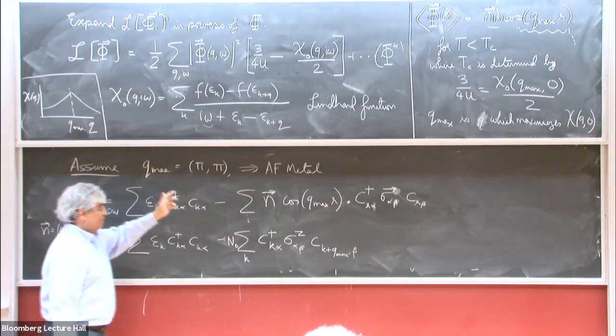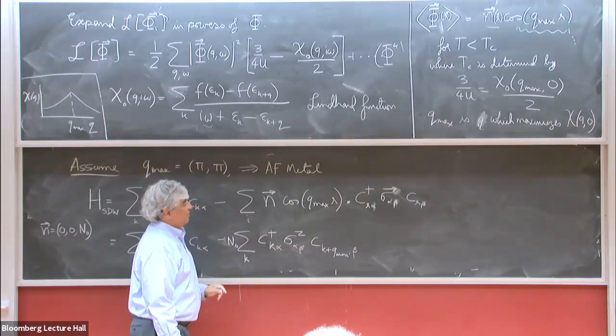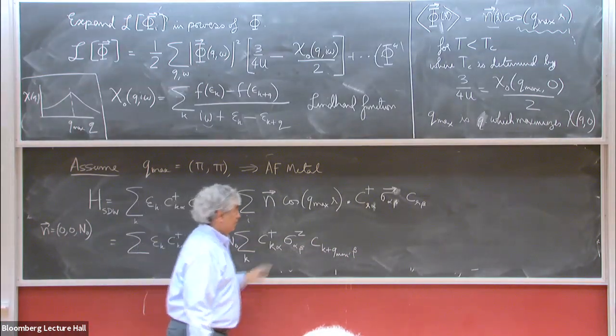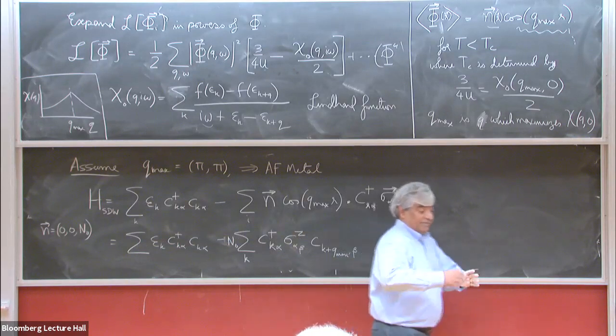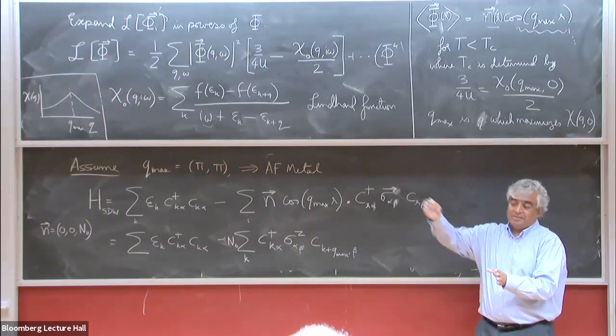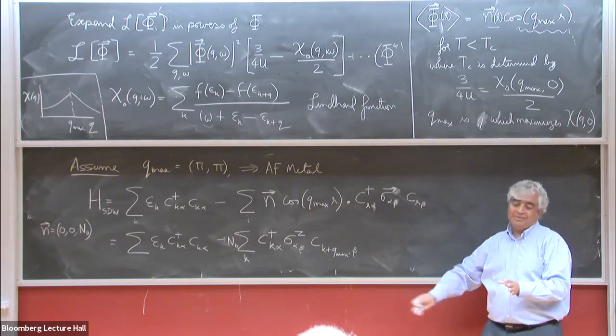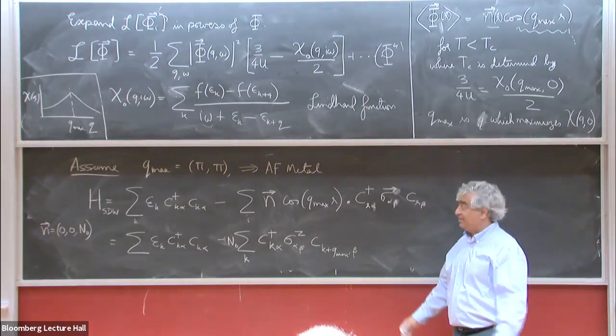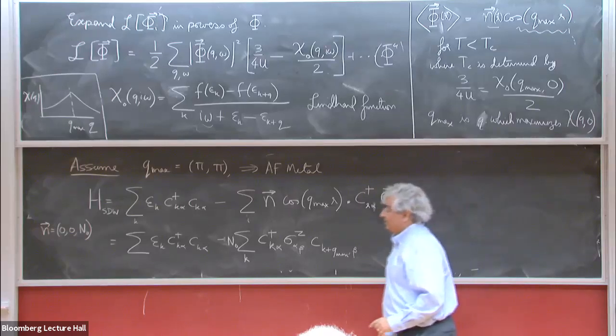So that's why you can just sum over all K. But if you have some other wave vector, then K mixes with K plus Q, mixes with K plus 2Q, and so on. You can still get an infinite matrix to diagonalize if Q is incommensurate.